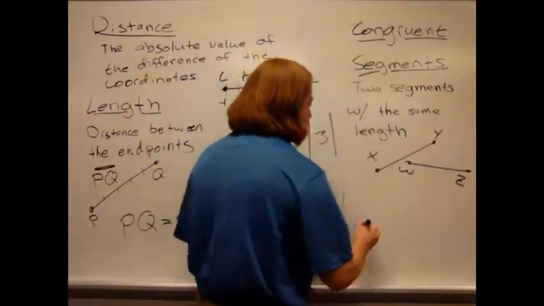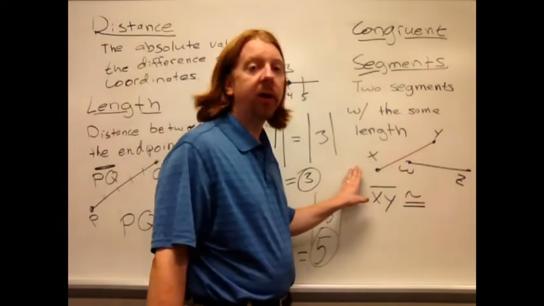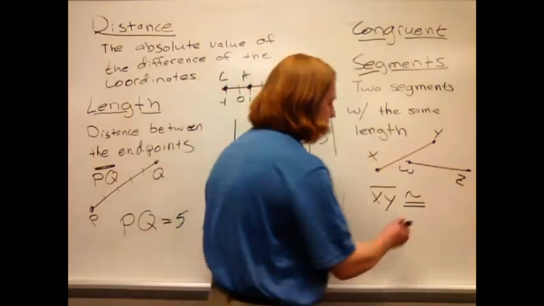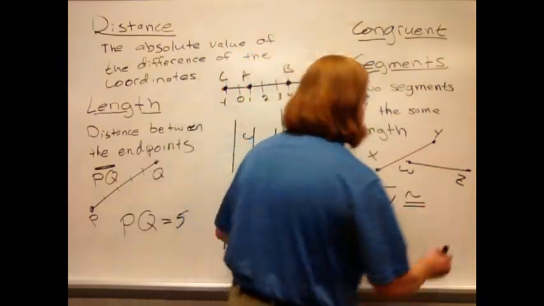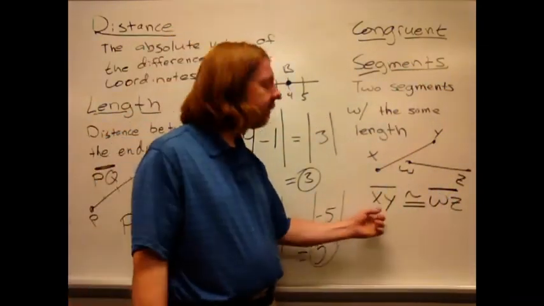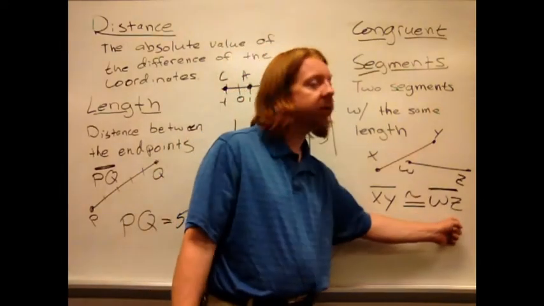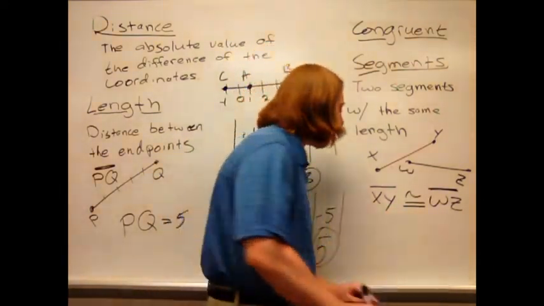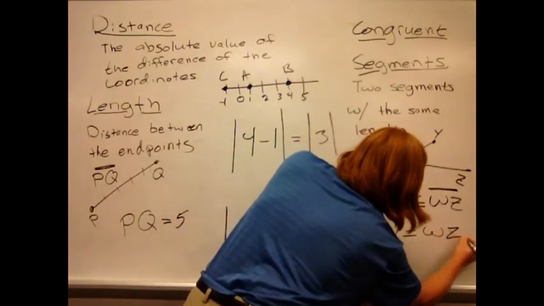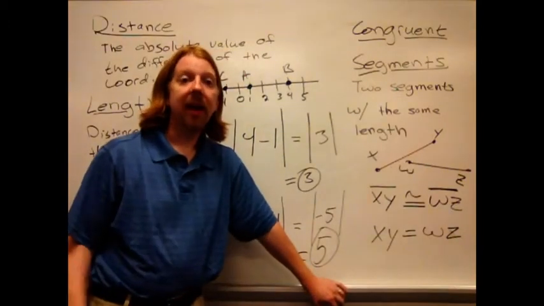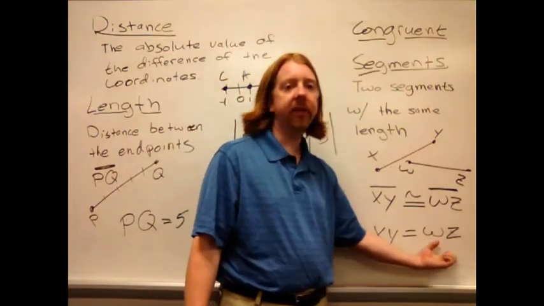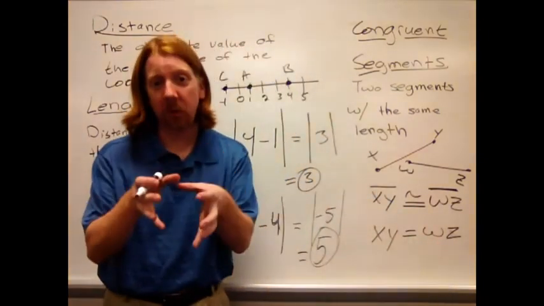Now, how would I write that? So when I want to talk about writing out 2 segments that are congruent, I would write bar XY. This symbol means congruent. WZ. This says that segment XY is congruent to segment WZ. If I write this, XY equals WZ, I'm saying that the length of XY is equal to the length of WZ, or the two numbers are equal to each other.